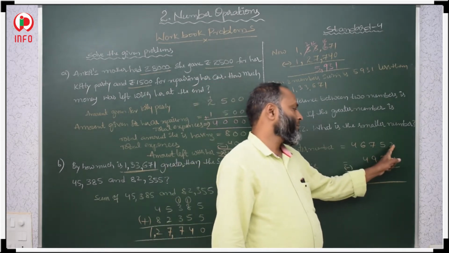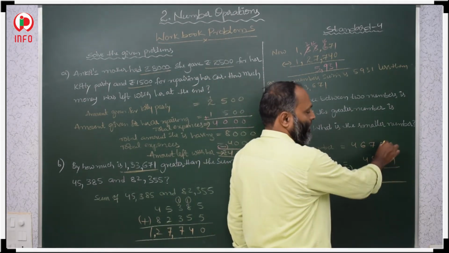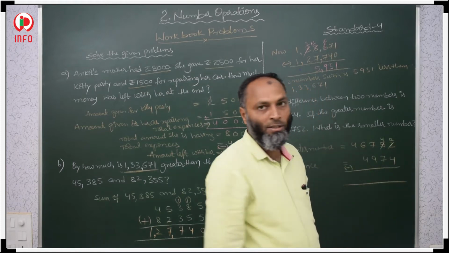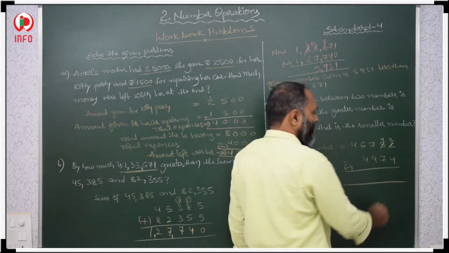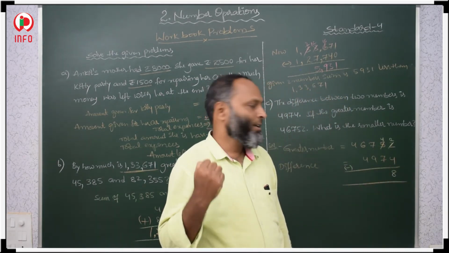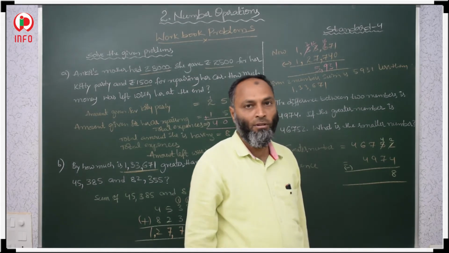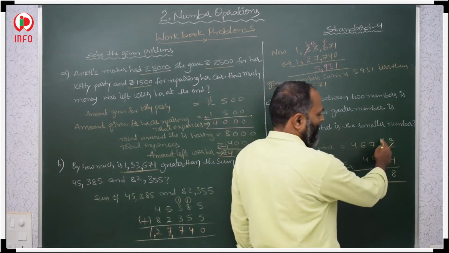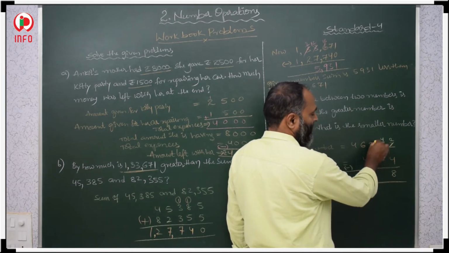Here, 2 is smaller than 4, so take borrow from here. It decreases by 1, it increases by 10, we get 12. 12 minus 4 is 8. We already did many times how to do minus. Then 4 minus 7, it is less, again take borrow from here.